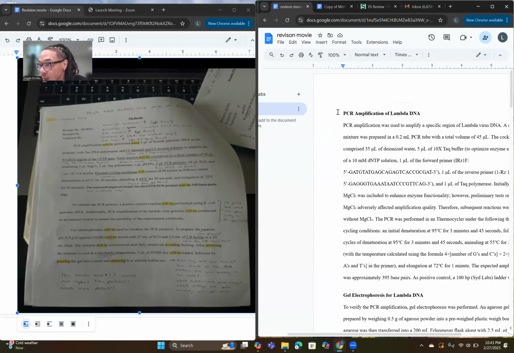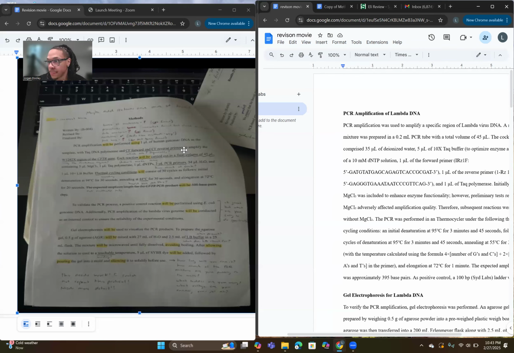Yes, I believe that covers everything. So I went over everything that was on this paper. The method section was short, so it wasn't too much to go over, but everything I fixed. I added the sections, fixed the past tense, added the sequences, used specifications. What does LB buffer mean?